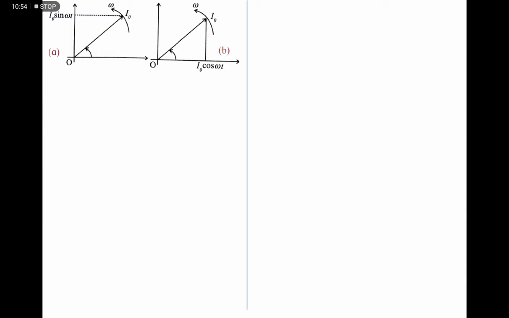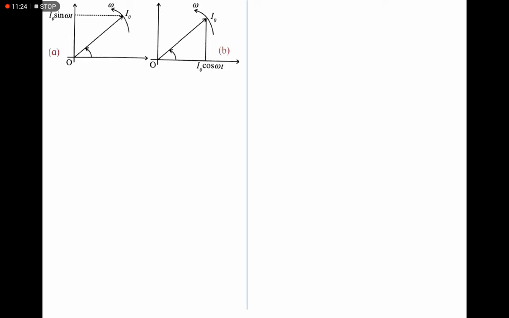Last year you studied this type of diagrams in the chapter which is in part 1. How this is: the velocity is resolved in two components. One component is along x-axis, one component is along y-axis.